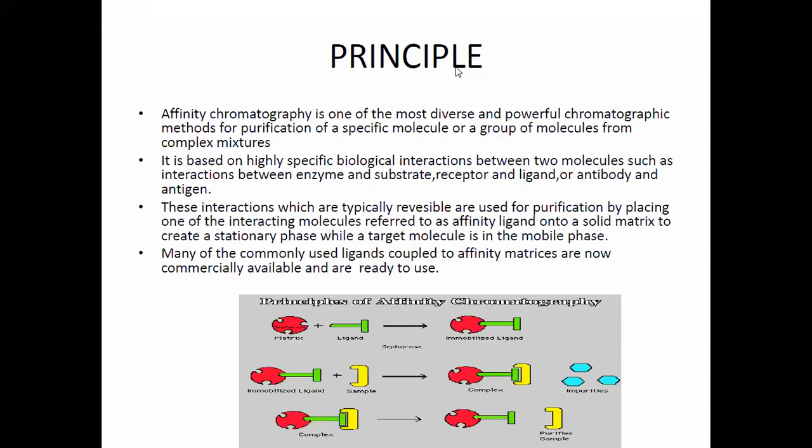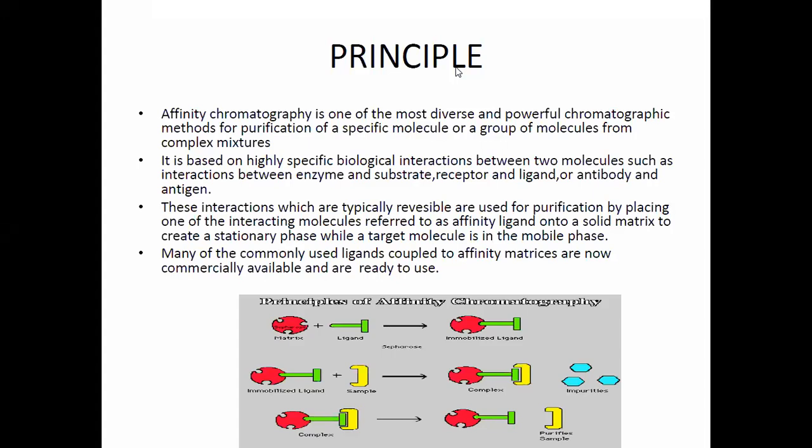So here, the main principle involved in affinity chromatography is that it is a reversible chromatography used for purification by placing one of the interacting molecules, known as the affinity ligand, coated over the solid matrix to create a stationary phase.